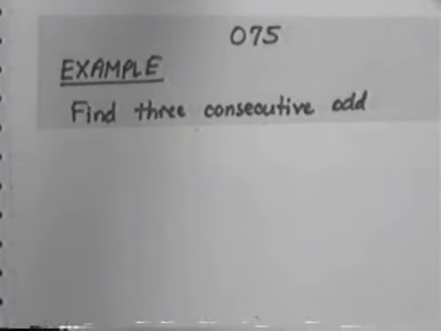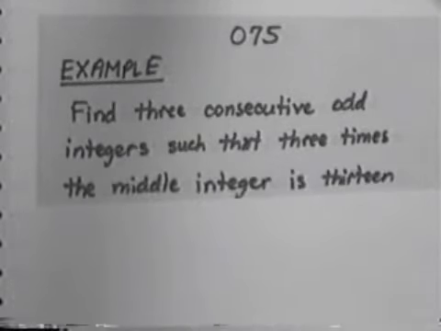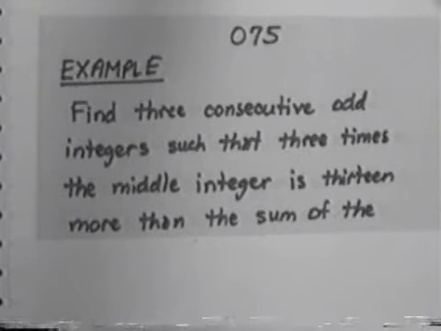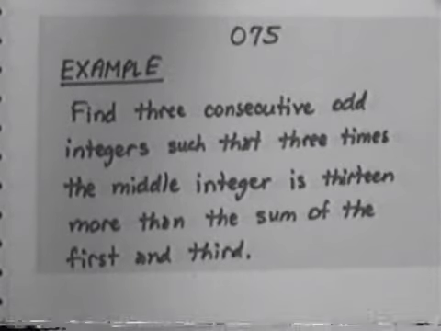Our first example, find 3 consecutive odd integers such that 3 times the middle integer is 13 more than the sum of the first and third.